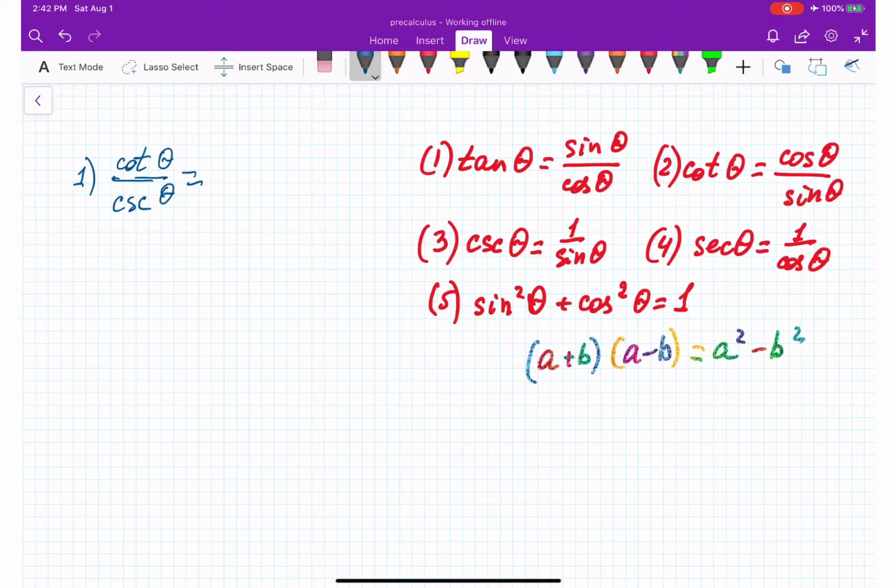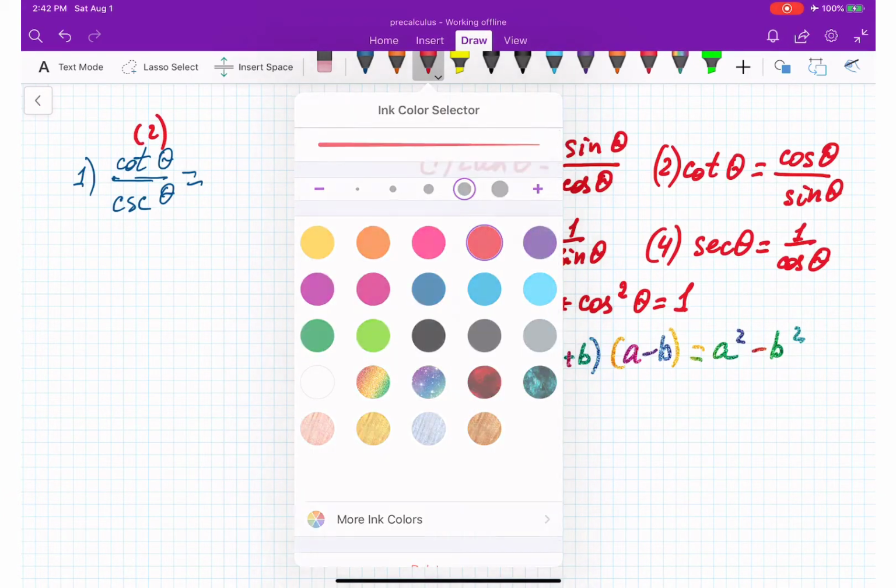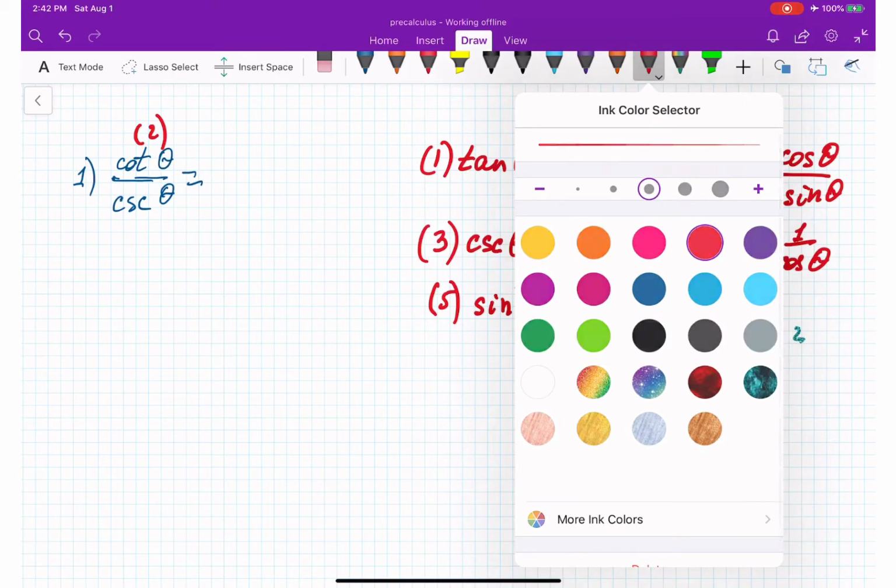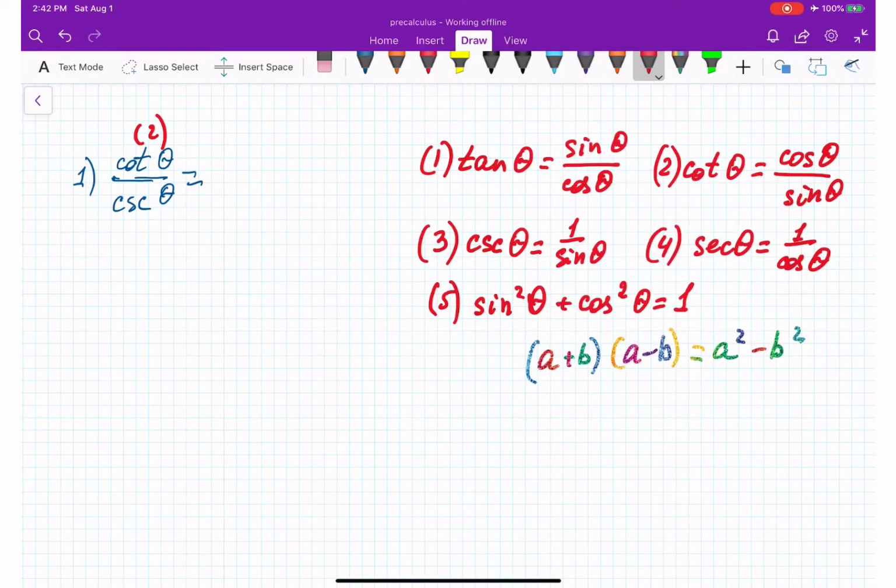Cotangent, that's a formula too, let me use this one. So that means cosine theta over sine theta. And cosecant, I'm going to apply formula 3, which is going to be 1 over sine theta.